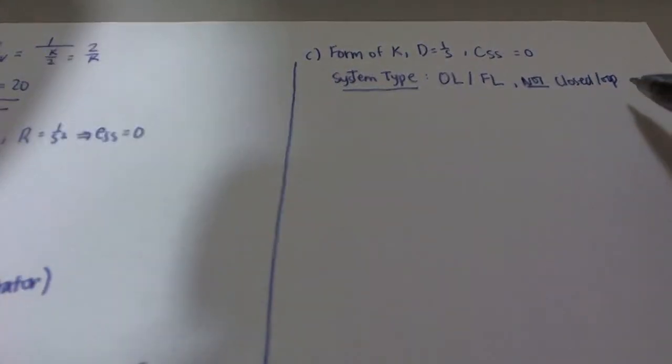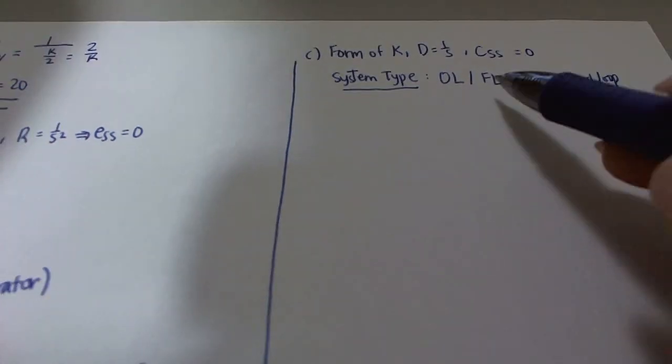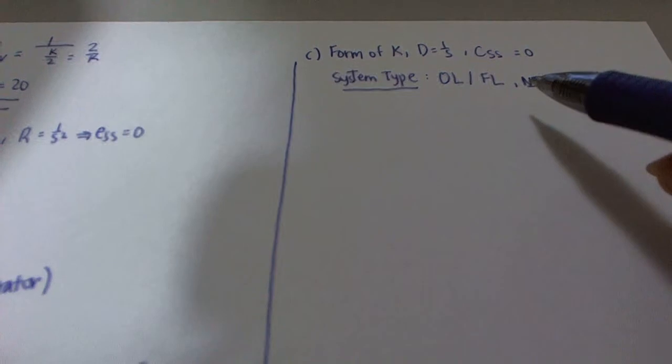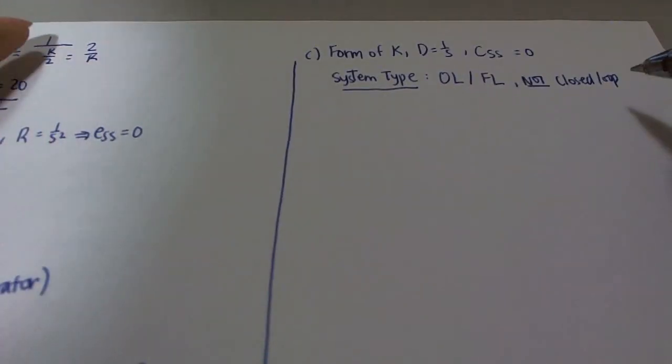So this is very important, and we are not able to find the open loop or the forward loop transfer function because it's actually based on the unit disturbance input instead of the reference input. So we have to solve this part of the problem traditionally.